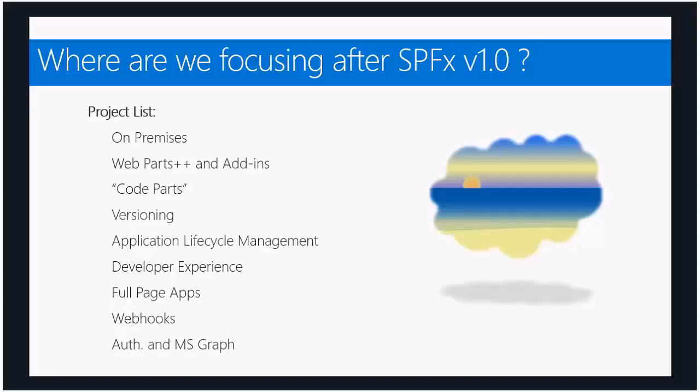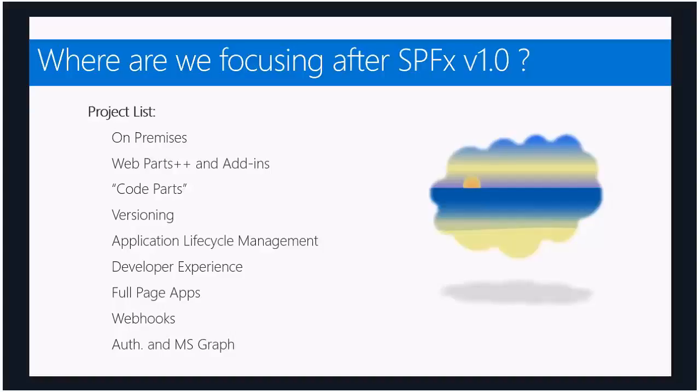But we have a relatively long roadmap and backlog related to SharePoint Framework, and we are focusing on these after the SharePoint Framework client-side web parts get released, which will happen relatively soon, and then we'll start working on the additional set of things. So the number one thing, obviously, on-premises: we're looking into releasing SharePoint Framework in on-premises for SharePoint 2016 during this calendar year.